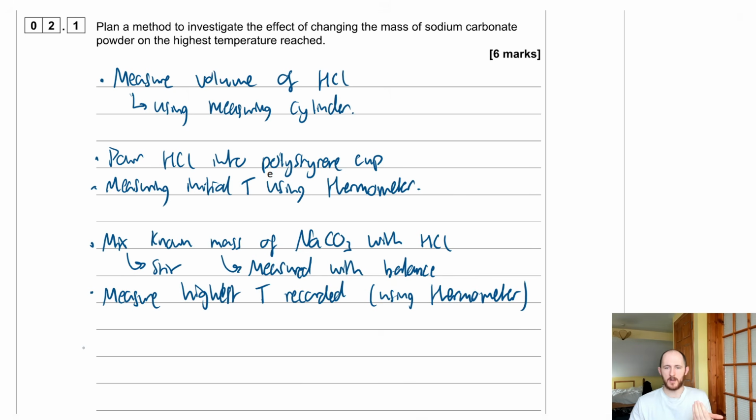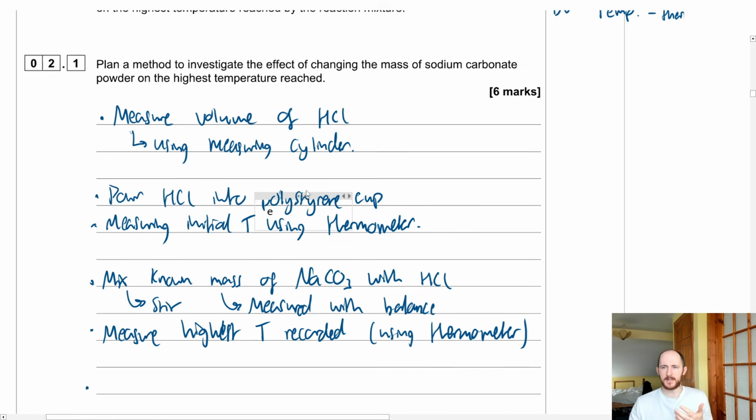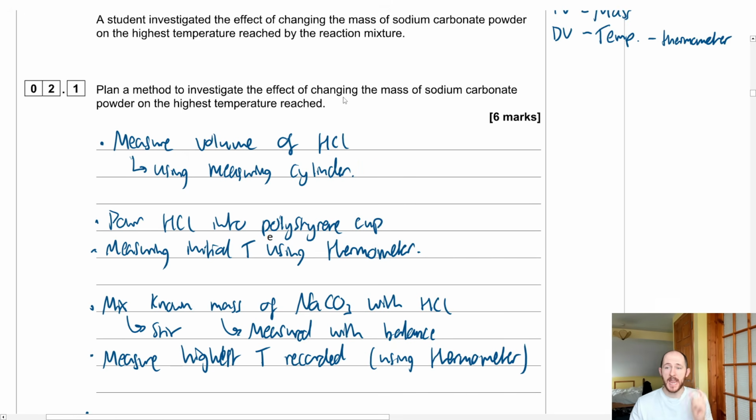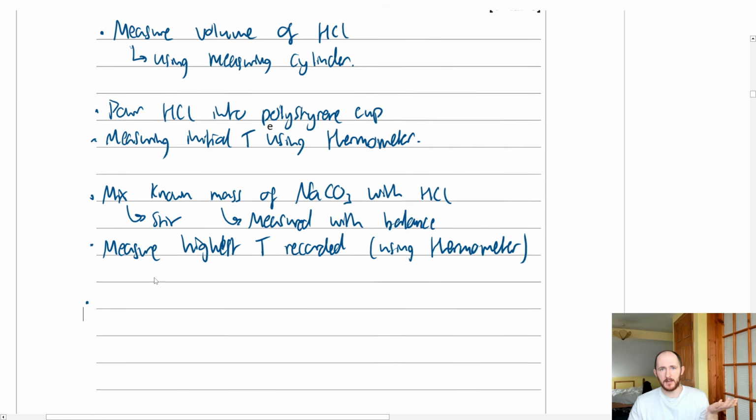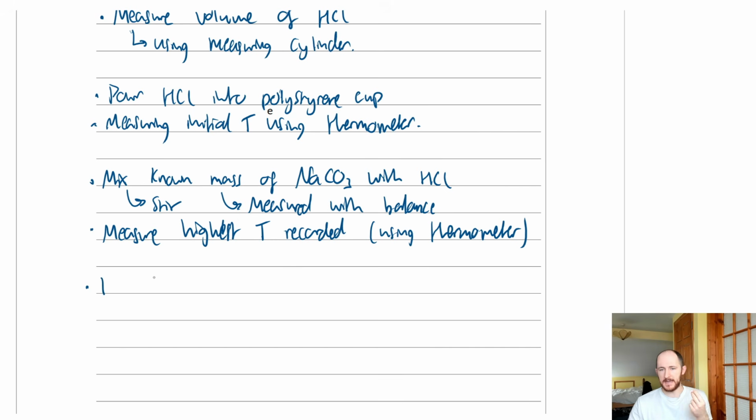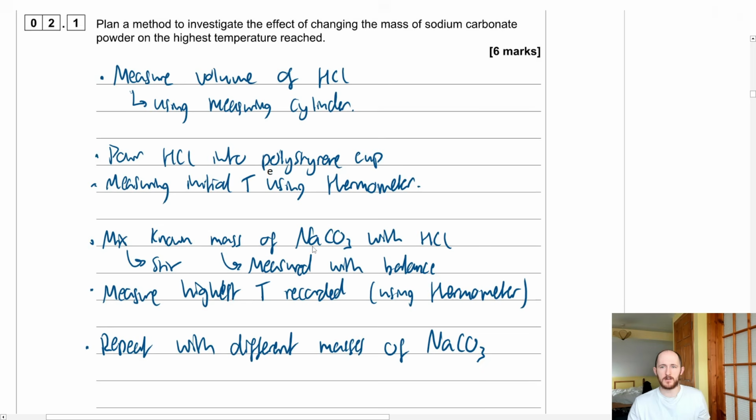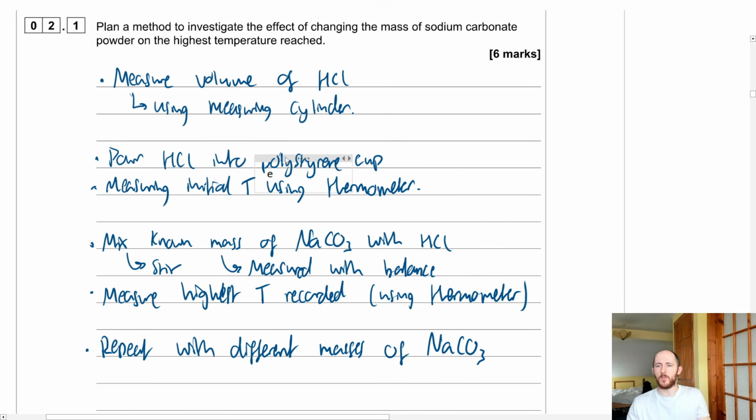What's the last mark? Well, let's look back at the investigation. The effect of changing the mass of sodium carbonate. I haven't changed the mass yet. So now I would say repeat with different masses of NaCO3, and that would give me the full 6 marks in relatively few words.